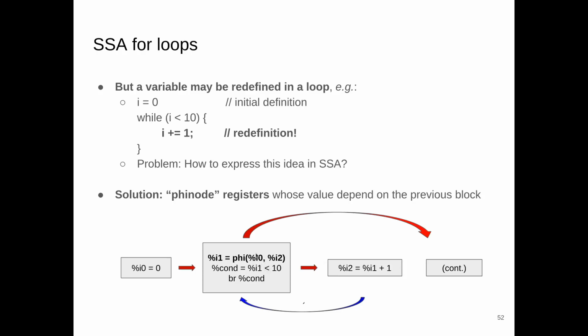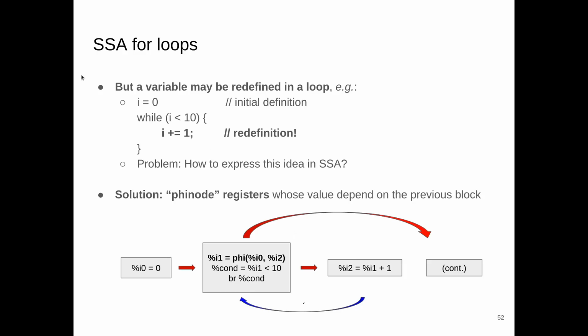So using these phi node registers, which get assigned values depending on the previous block, we could express this idea. At the beginning of the iteration, I should be the initial value here. Otherwise, this is incremented, and this incremented value, or the last value, is assigned to the value at the loop head, I1.